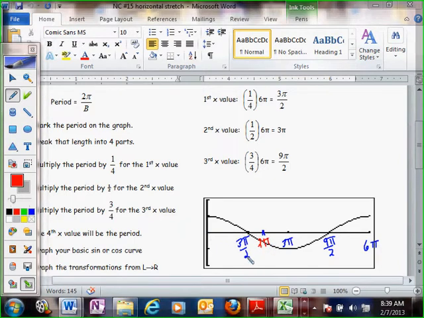And my basic cosine curve would have looked something like this. It would have done the whole pattern over the period from 0 to 2 pi. But because of that 1/3 value in front of x, we ended up stretching it out over the period 0 to 6 pi. So there's only one thing different here. If you have something in front of the x, just remember you have to find the new period and start there first. And then you can do the rest of it, which you should be getting good at by now.